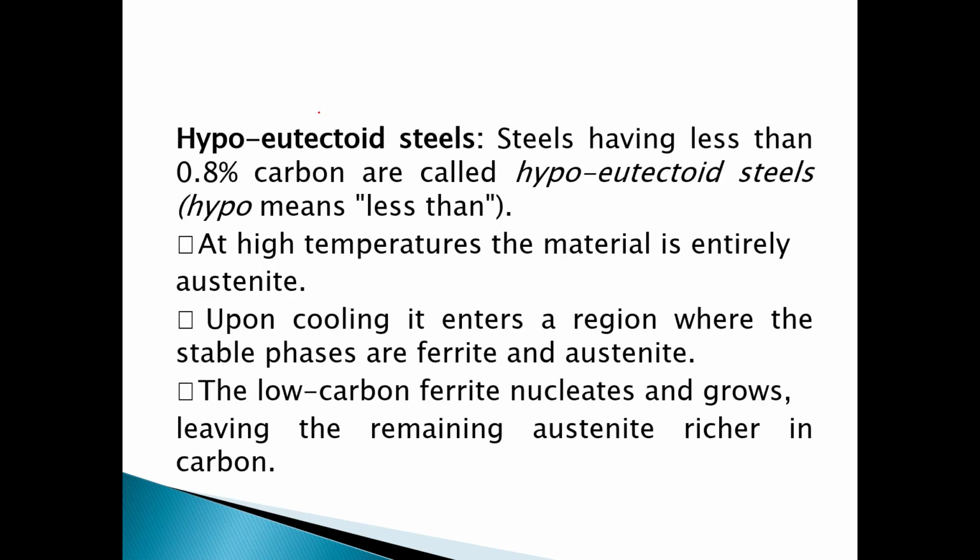Hypoeutectoid steel. Steels having less than 0.8 percentage of carbon are called hypoeutectoid steel. At high temperature, the material is entirely austenite. Upon cooling, it enters a region where the stable phases are ferrite and austenite. The low carbon ferrite nucleates and grows, leaving the remaining austenite richer in carbon.